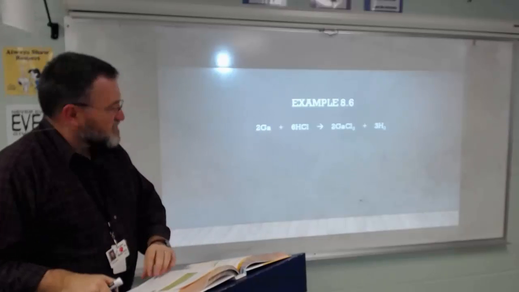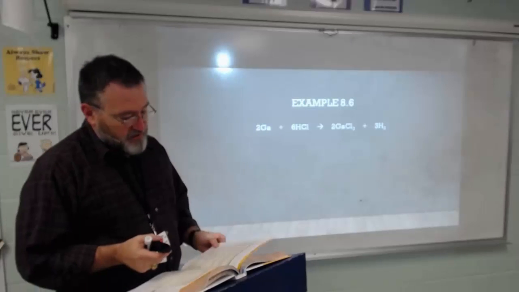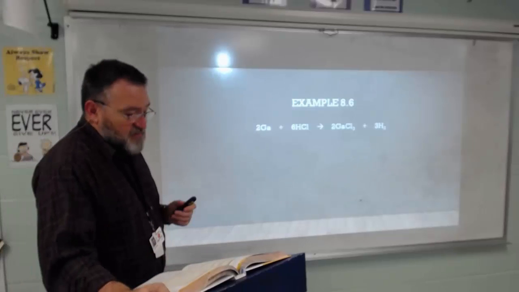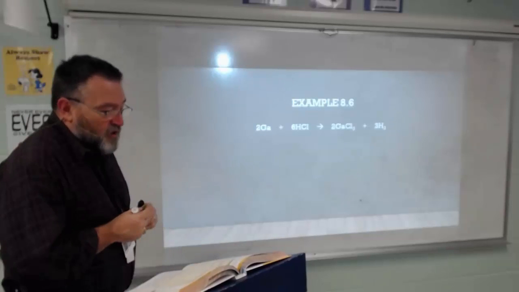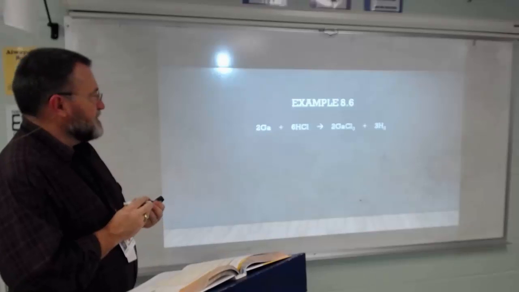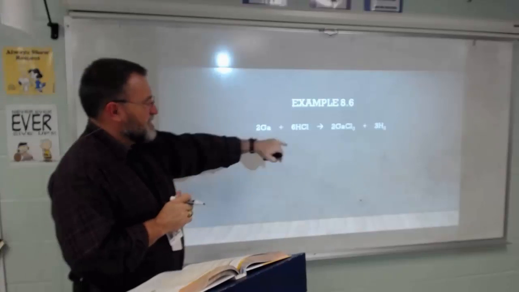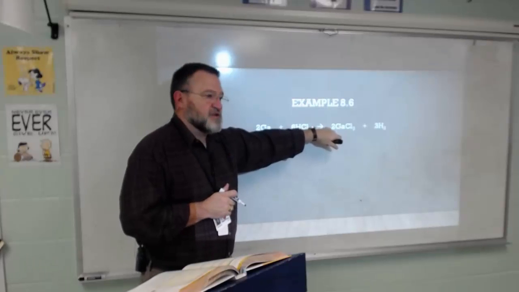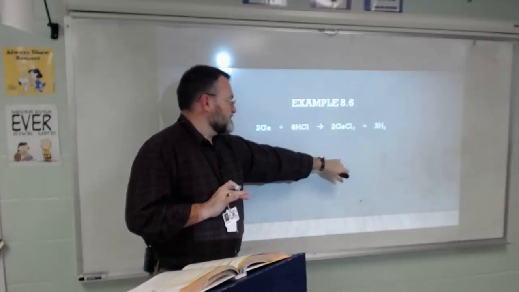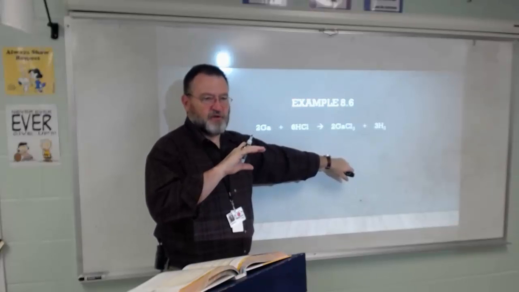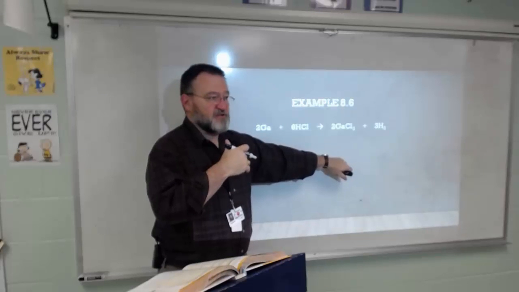This is example 8.6. A chemist needs to produce 100 grams of gallium trichloride. Here's the gallium trichloride. Now, if I told you the chemist wants to produce 100 moles of this, you would have written your 100 moles down here, and I said, skip some space, right? Leave some room for work, because now we're going to fill that space.